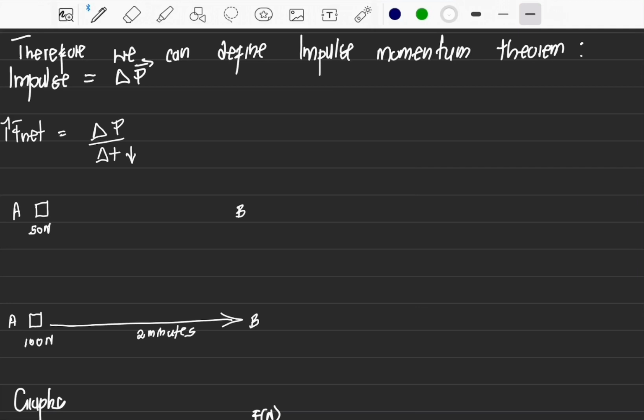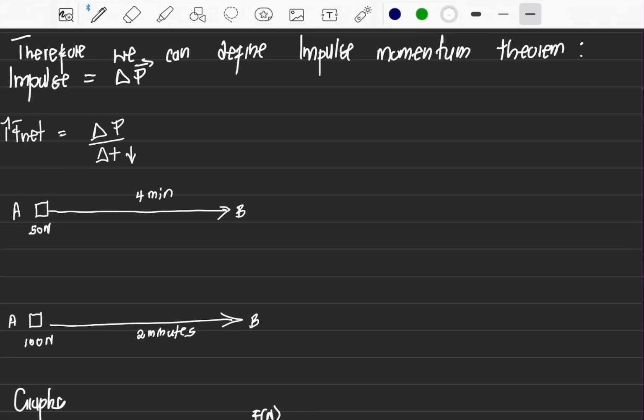And then for a force of 50 Newton being applied to the same box, it will take much longer than it would with the 100 Newton force. So you can see that with this one, maybe it will take 4 minutes instead of 2, because the force is smaller. So the greater the force, the lesser the time.